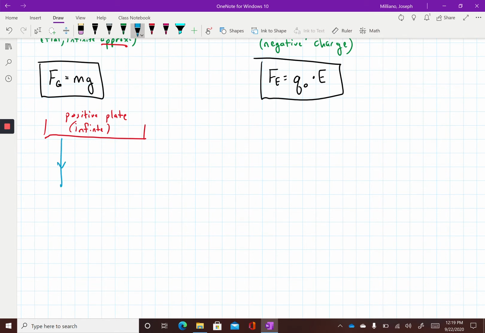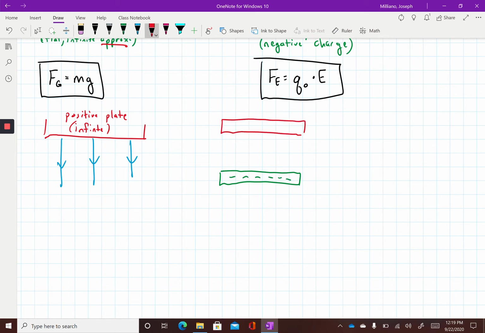It will have an electric field this way because if we put a positive test charge in this space, then that positive test charge would be repelled by this plate. Or more generally, if we have a negative plate down below and a positive plate up above, then we can amplify the strength of that electric field, and it would still be uniform.